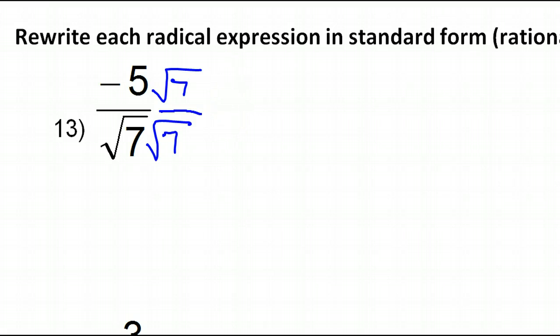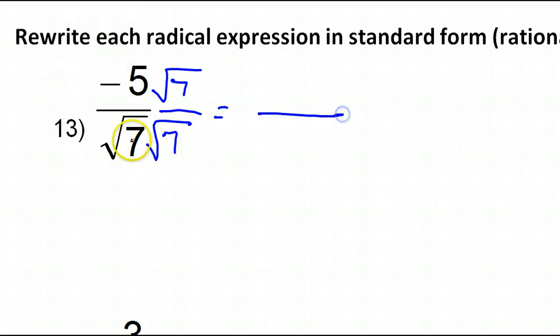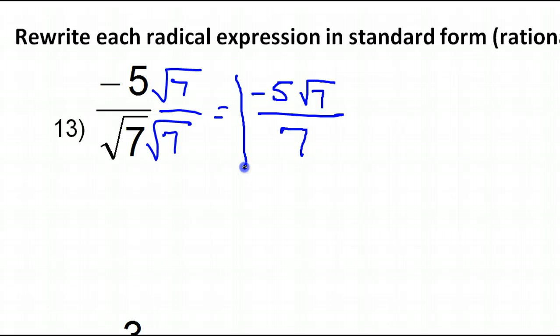Anyway, so what do we get? What's radical 7 times radical 7? 7. And in the numerator, we will just have negative 5 radical 7. So always look here to see if there's anything that we can reduce, any common factors. There are no common factors, so this is the answer for number 13.